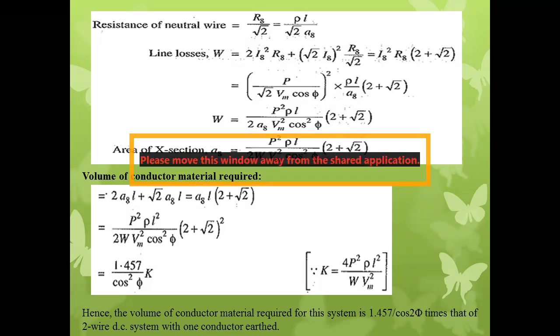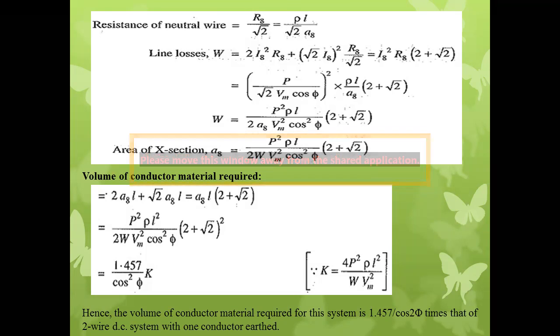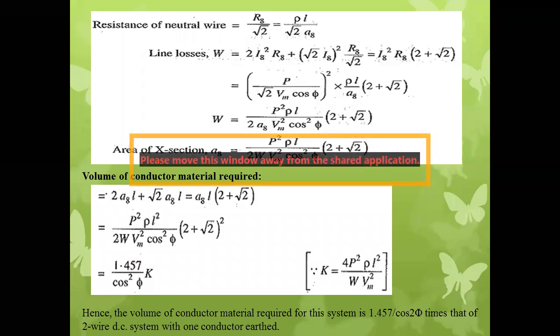And added up. 2 into A8 into L is the volume of conducting material required for the phase wire, and root 2 into A8 into L is the volume of conducting material required for the neutral wire.